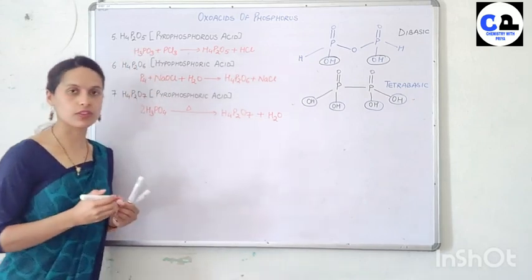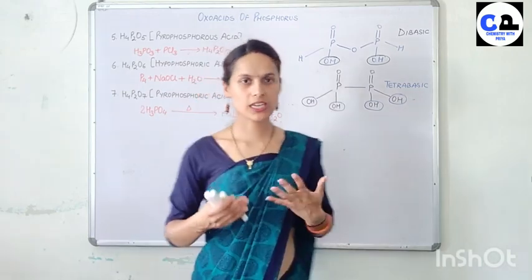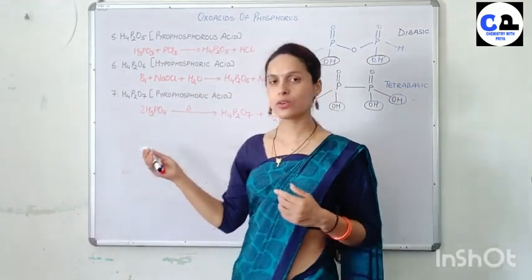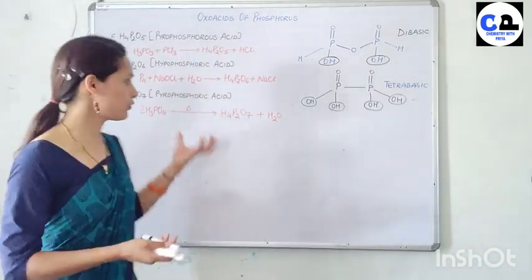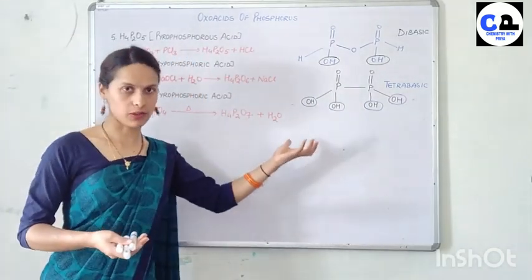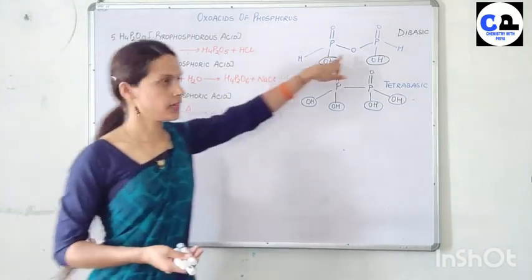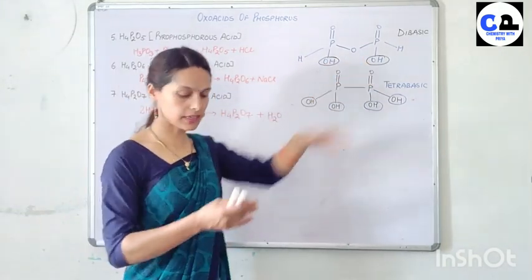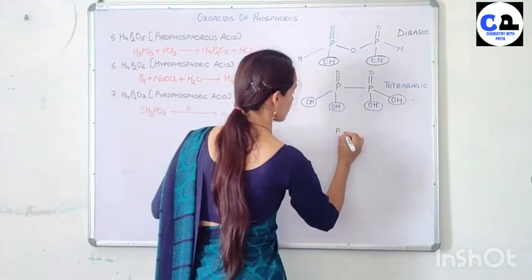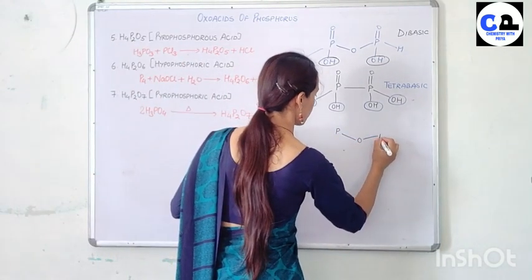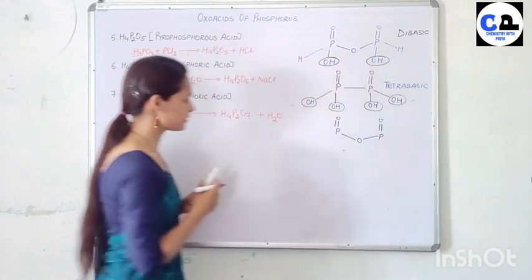So, when we heat phosphoric acid, it undergoes dehydration, and due to dehydration, it forms H4P2O7. And because it is pyro, there should be this POP linkage.